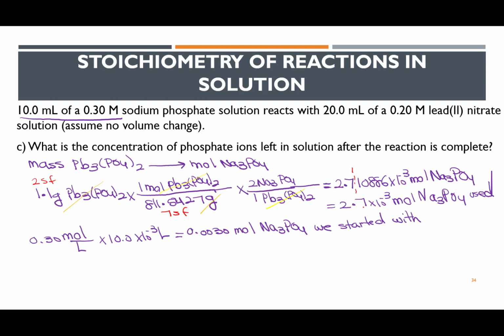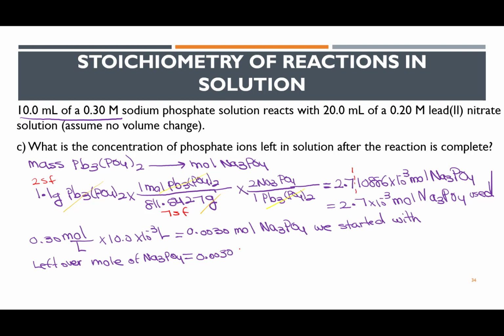We started with 0.0030 moles of sodium phosphate. We used 2.7 times 10 to the power of negative 3. Now what's the leftover? It's just a subtraction. It's like you have 5 tomatoes, you eat 2 of them. How many are left over? 5 minus 2, which is 3. Exactly the same thing.